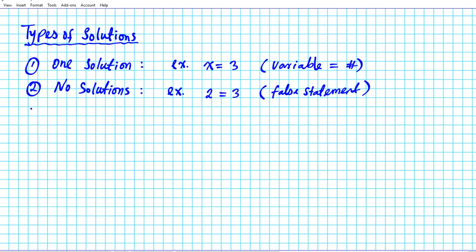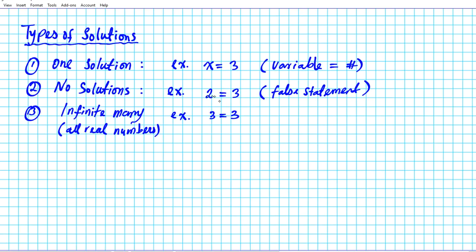And then there's one more possible solution you can have when solving multi-step equations, and that's a case where you have infinitely many solutions, or some books refer to it as all real numbers. So any real number you plug into that equation will satisfy that equation. An example is 3 equals 3.